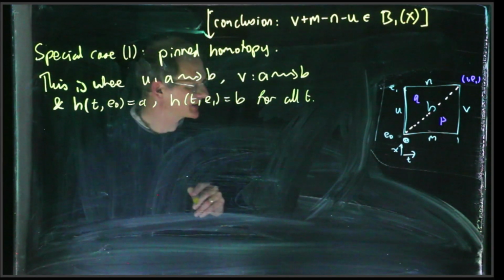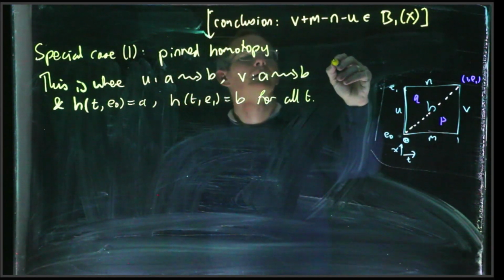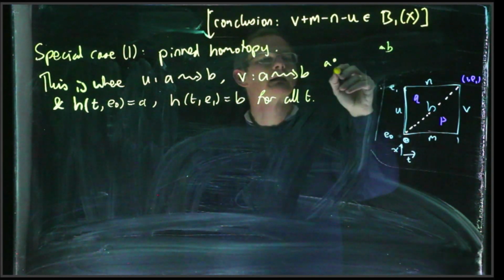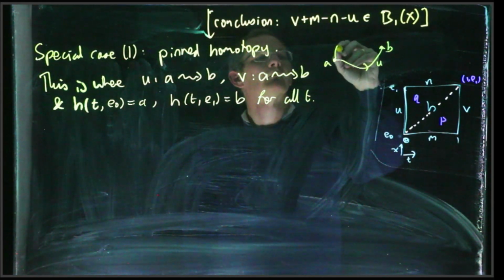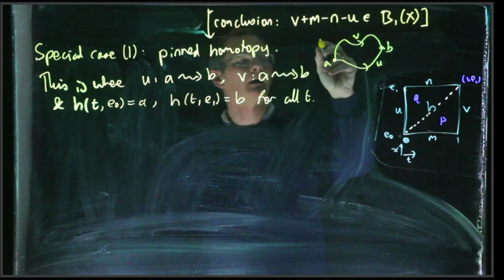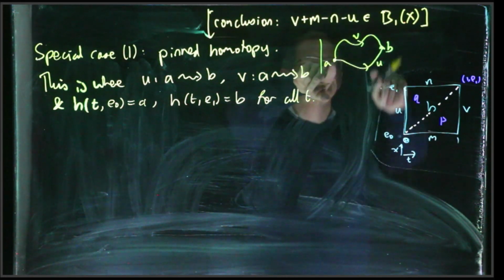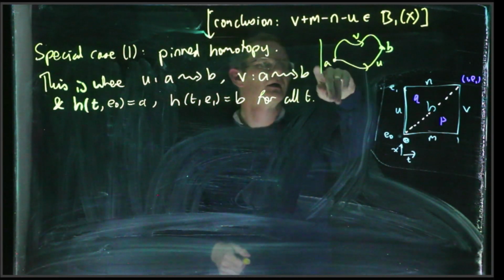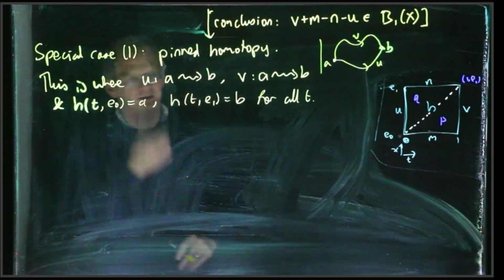Okay, so the situation here, you've got your path u and your path v. Here's your A, here's your B. U is like this, say. V is like this. And our homotopy H deforms U to V, but all the time it keeps the endpoints pinned, right? It's like a movie deforming U to V. As we do the deformation, the endpoints always stay equal to A and B.